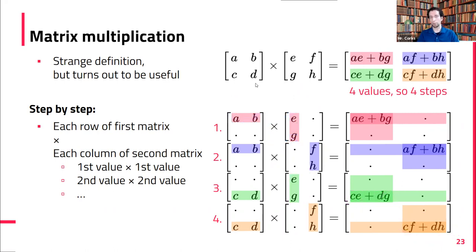It is actually useful and lets us accomplish things. I'll get to that in the next class. That's the process. Each row of the first matrix times each column of the second matrix. Let's go through some examples with these, and then it will be a little more clear.